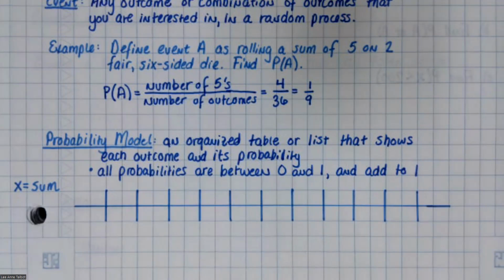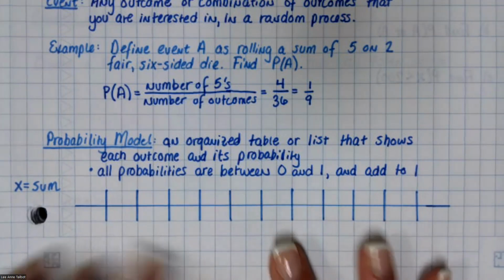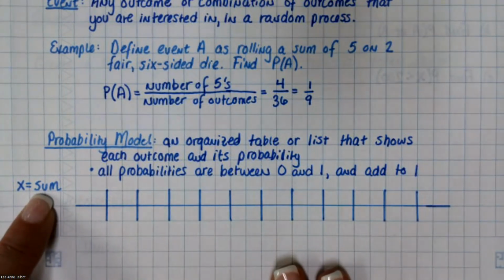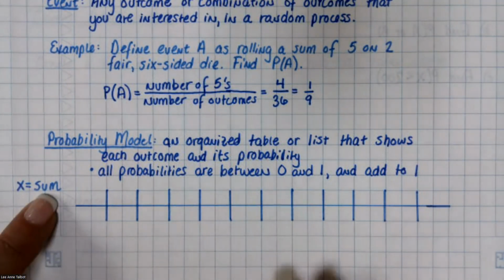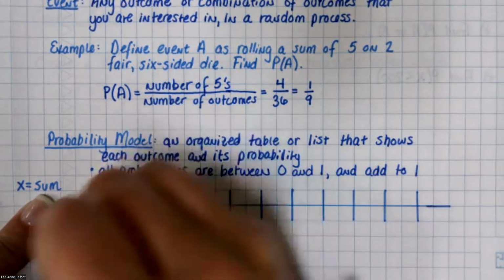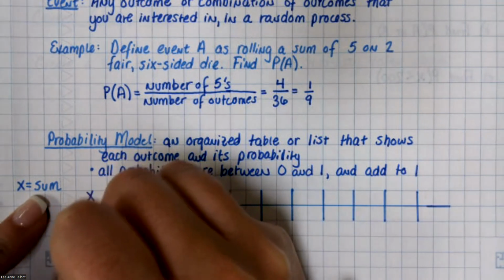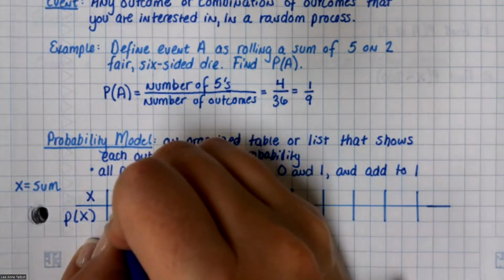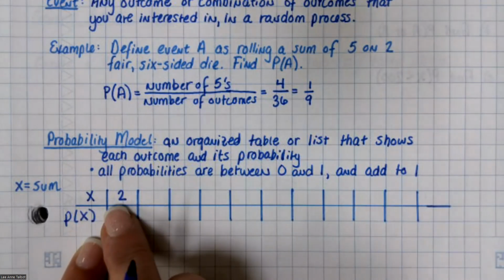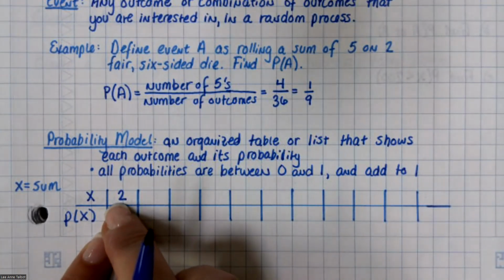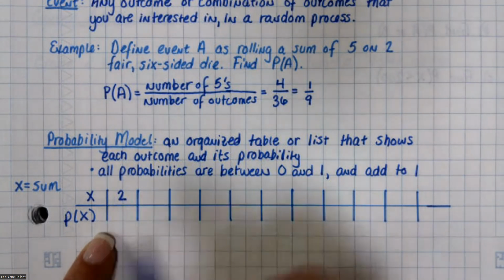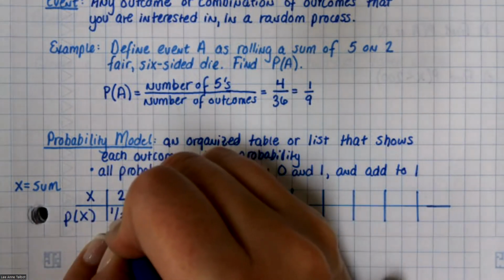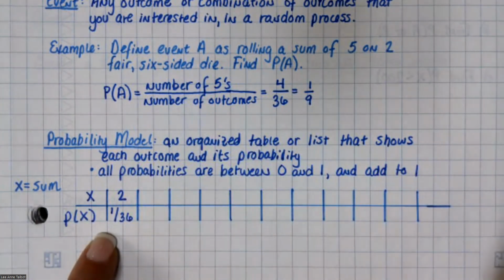Now we're going to go back to the table that we made, and our event this time is going to be the sum. So we're going to put X here and the probability of X here. What this is saying is, what's the probability of getting a sum of 2? 1 box out of 36 boxes has a 2 in it.